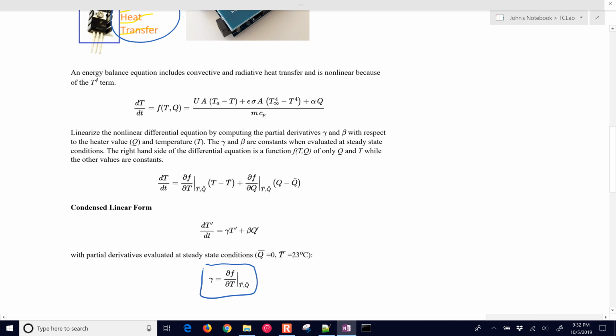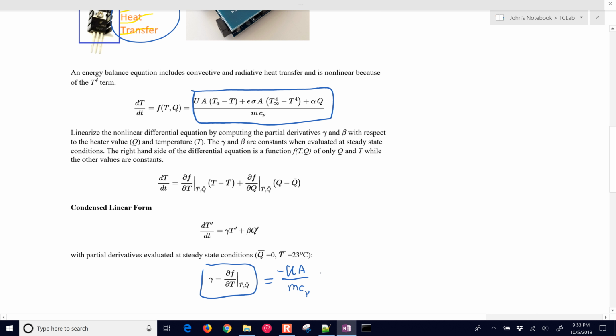If I just take the derivative of this right hand term, with respect to temperature, then I'm going to be left with negative UA divided by MC sub p.